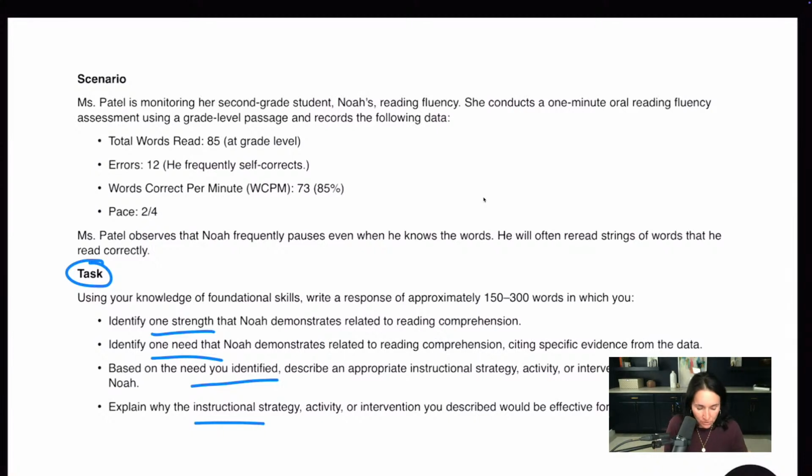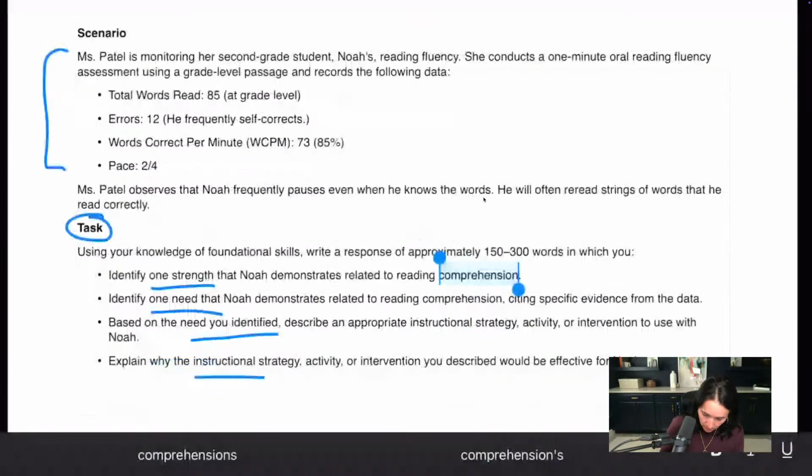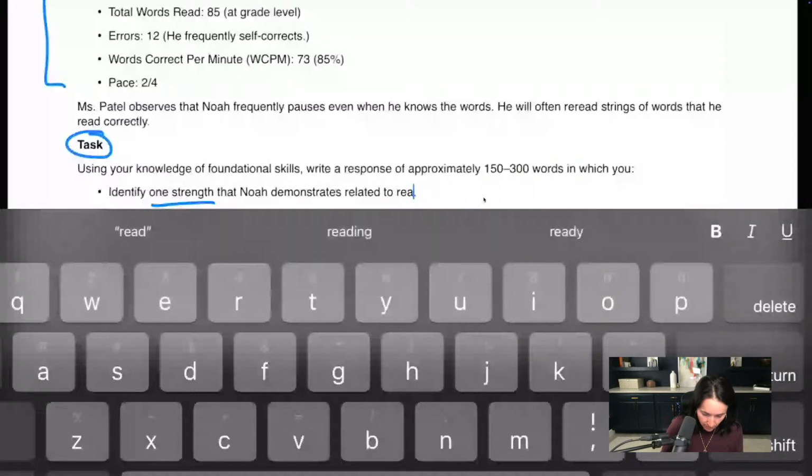I've chosen a shorter scenario here only because it's on my screen and I don't want to have a huge scenario. You might get a whole paragraph. All right. But we want to make sure that we are going with the task first. Okay, let me just do something here. This should say fluency.